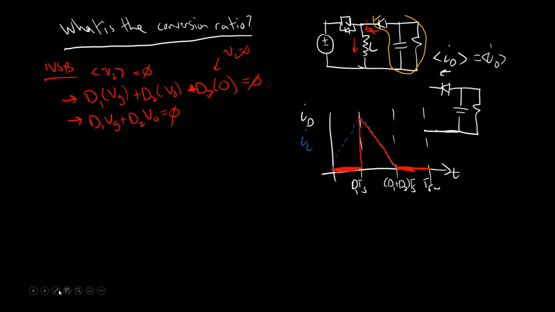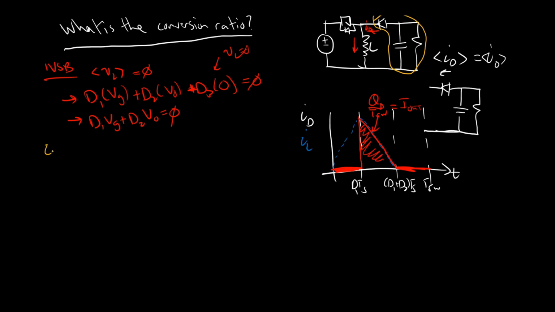Cool. So what we're saying here is that the area under this curve, you could say the charge of the diode, divided by Ts is equal to the output current. Right? That's what we're saying with this expression. So let's write it out.